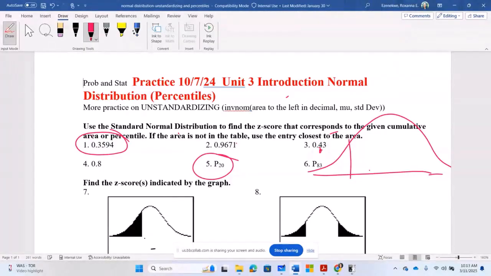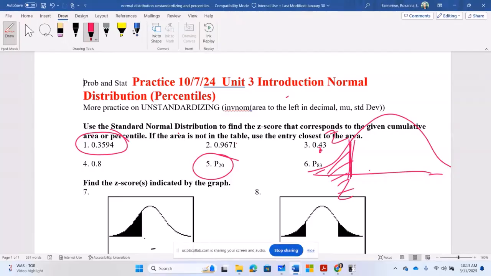This is the same as 0.2. I will shade the area, and I'm looking for the z-score corresponding to the beginning. When I'm looking for this, I am reading to the left, the same thing my calculator does.